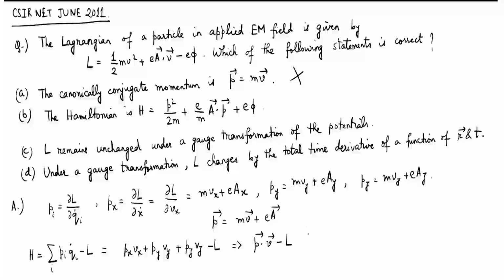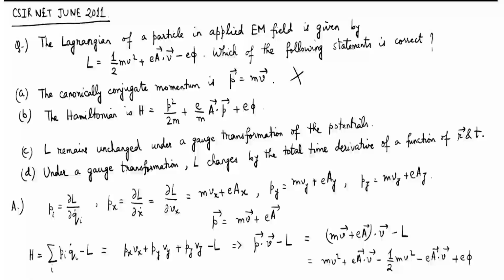So how much is it coming? So P is mv plus eA. So (mv plus eA) dot V minus L. This is mv square plus eA vector dot V vector minus half mv square minus eA vector dot V vector plus e phi. Right?